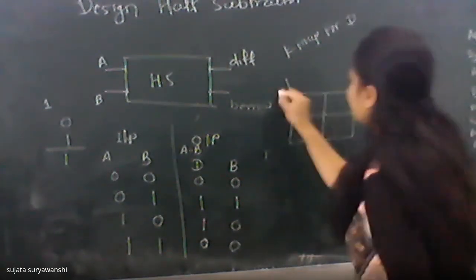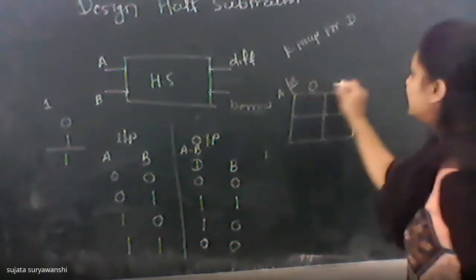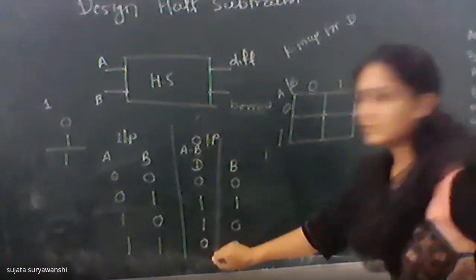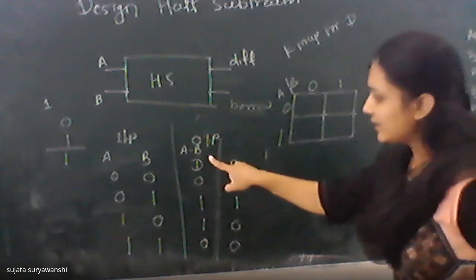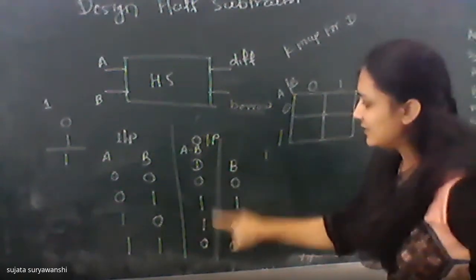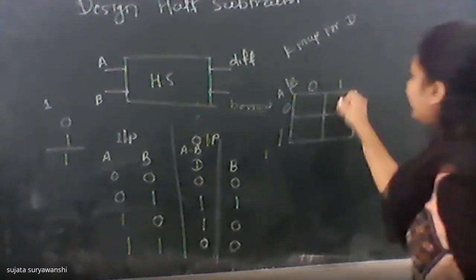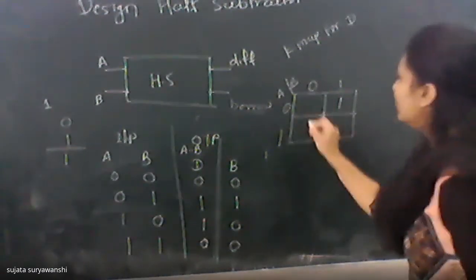Okay, and input bits are A and B. Then write down 0, 1, 0, 1. And then just consider the first output bit. Here D, where D is equal to 1 for 0, 1 and 1, 0. Okay. So for 0, 1 write down 1 and for 1, 0 write down 1.